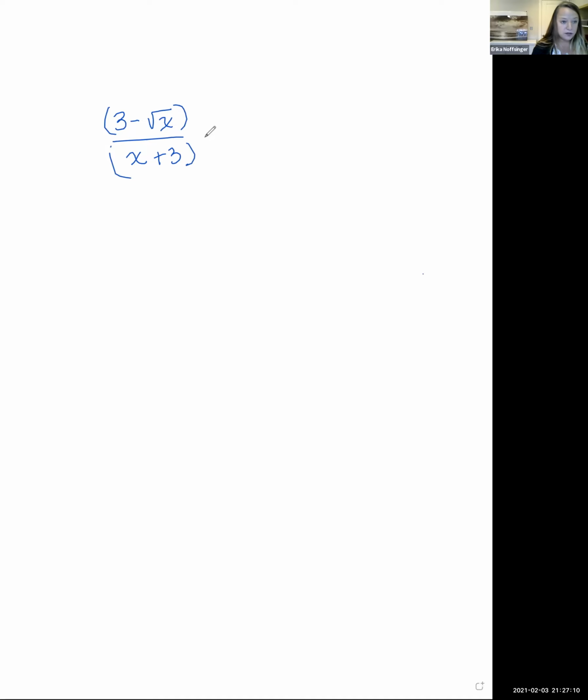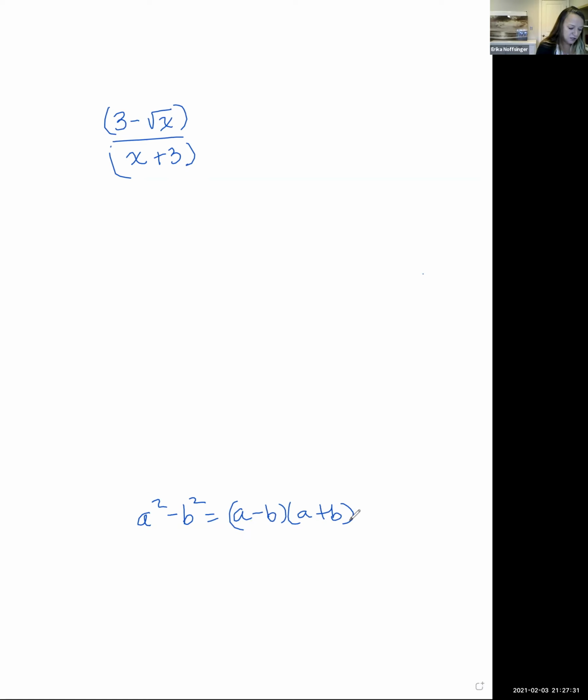Recall when you were looking at difference of squares, where you had a squared minus b squared, this factored as a minus b, a plus b. So technically what we're doing here is going in the opposite direction. We know if we square a square root, that would go away.